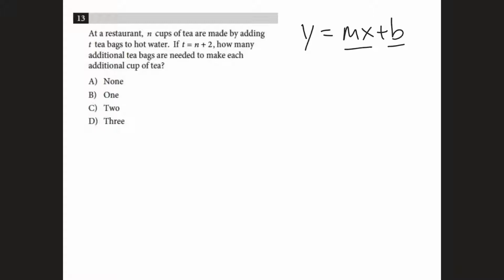And if one additional cup of tea means n is increasing by 1, then the output is going to increase by the slope, whatever the coefficient on n is, and that is 1. So we're going to need 1 additional tea bag for every additional cup of tea.